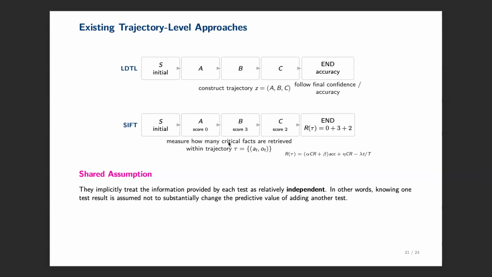But they share an implicit assumption that the value of each piece of evidence is relatively independent. In other words, if a test is useful, it is useful by itself. If a fact is critical, it contributes positive value to the trajectory.